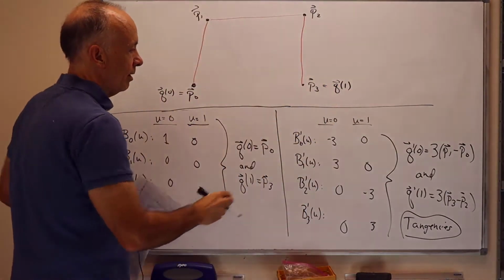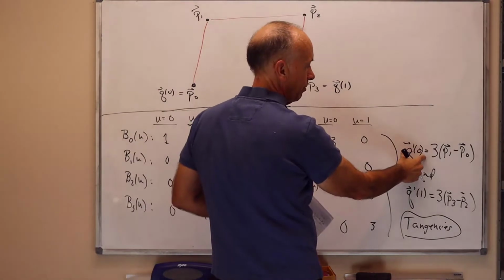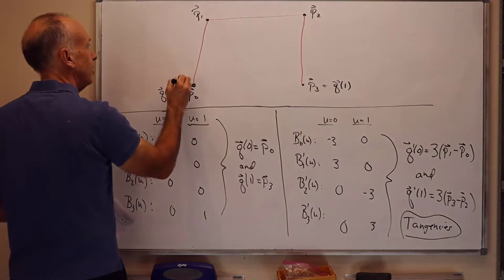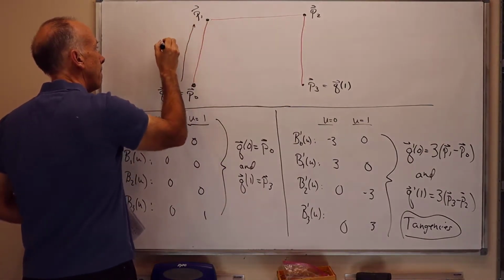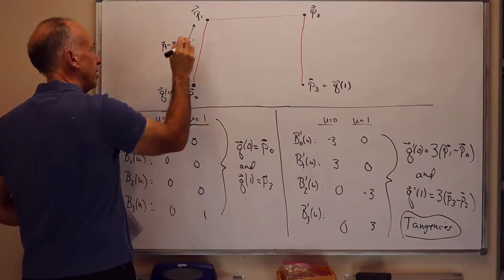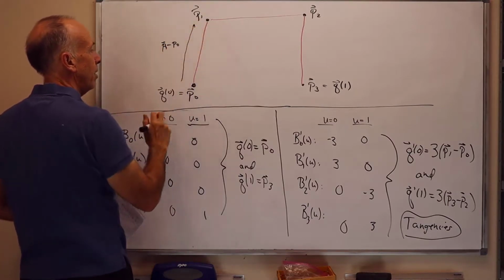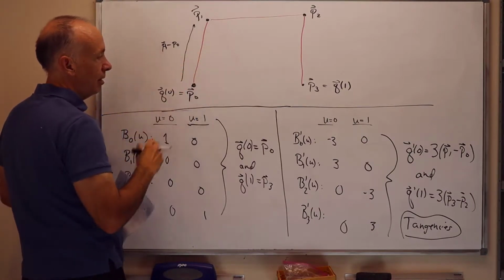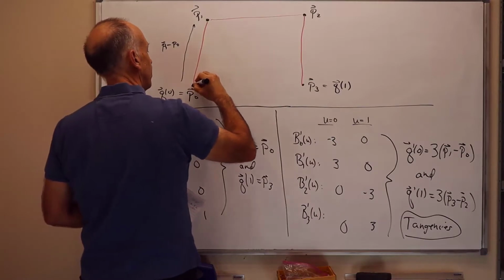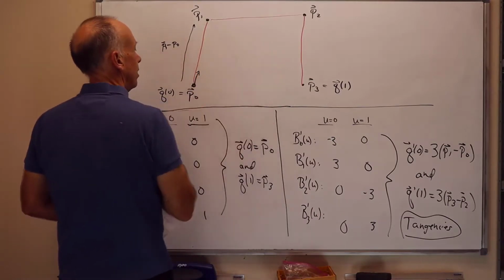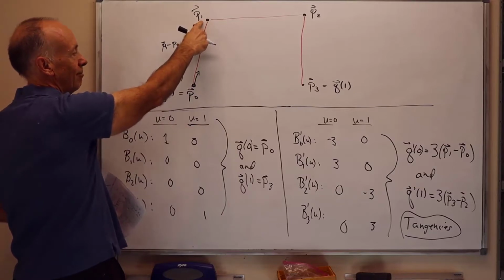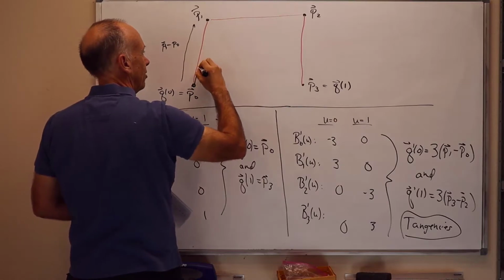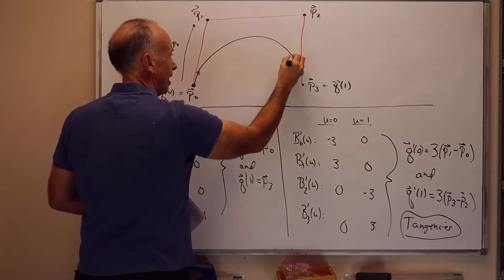And now the derivative Q prime at 0 is 3 times (P1 minus P0). Well, this is the vector P1 minus P0. Its tail is at P0, its head is at P1. So Q prime is the vector giving the rate of change of Q. And so at 0, its initial rate of change is up this way. It's going fast enough to get to P1 within 1/3 of a time unit. But it quickly goes off like this, and it comes back down like this.